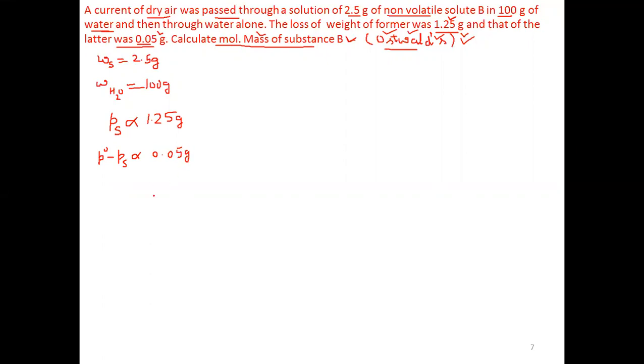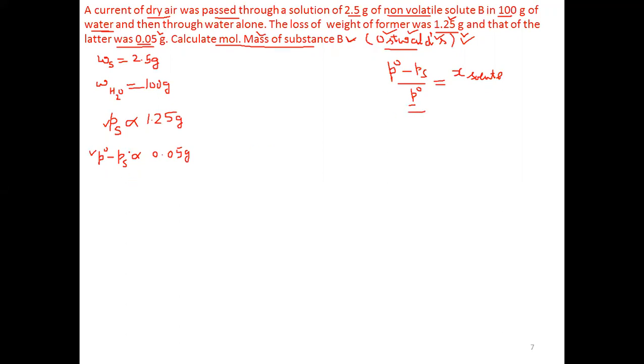Now we have a formula you know already: P naught minus PS divided by P naught is equal to the mole fraction of solute, X2. We know PS and we know P naught minus PS, so we need to calculate P naught.